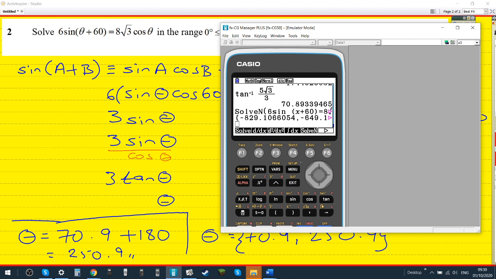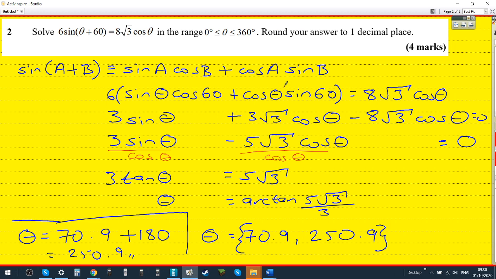Sorry about this. There we go. So it just gives us lots of solutions: 70.9 and 250.9. But you have to show your working out.